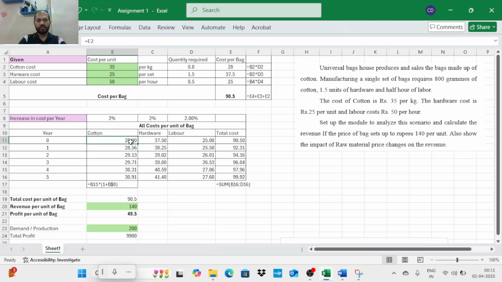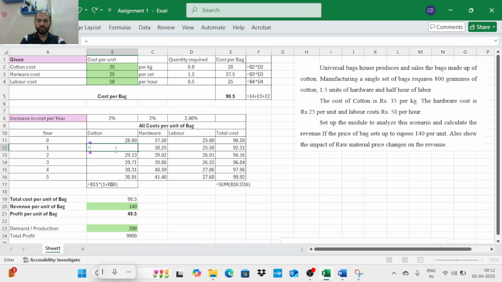Okay. Now, if the price is increased by 2%, then in the first year, what will be the price? So, we will use another formula here, which will give us the increased price of cotton.